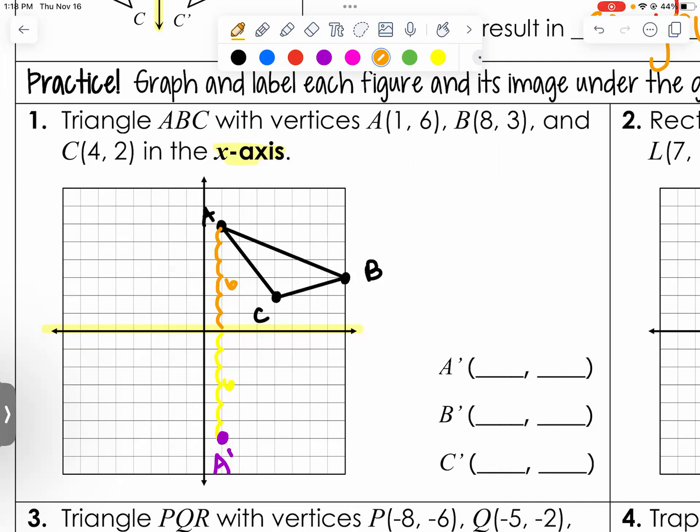So how far away is B from the x-axis? 3. If we count together, 1, 2, 3. So now on the other side of the x-axis, I'm gonna go 3. And there is my new B coordinate.